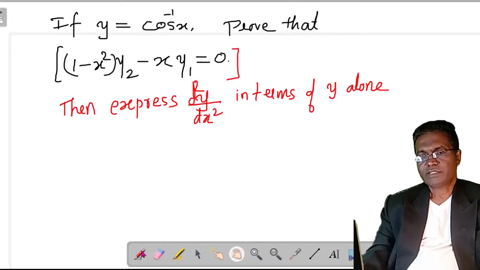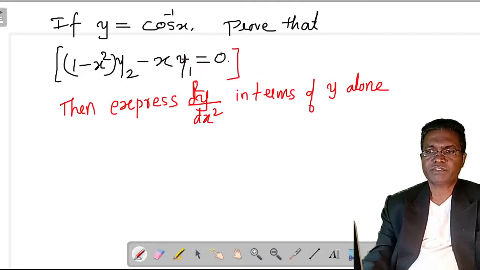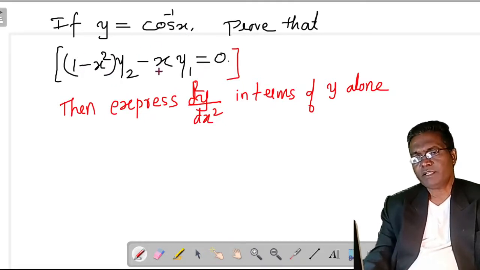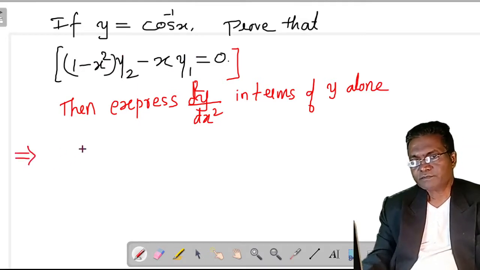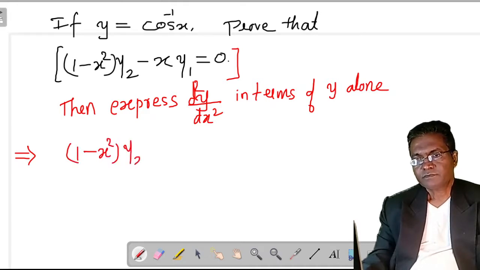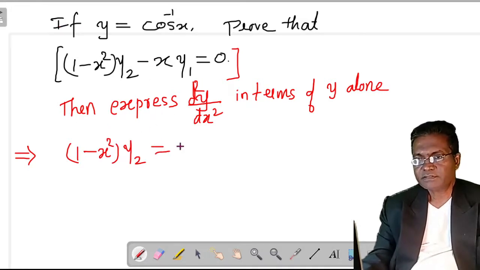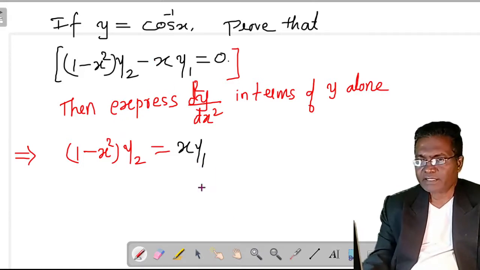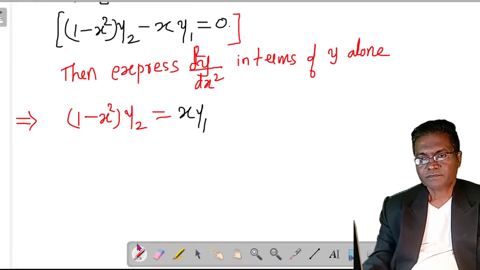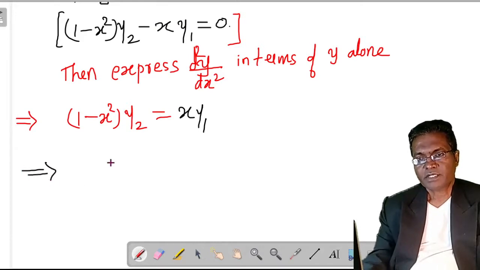Okay, so I'll just show you. First you need to prove this. From the given y you have to prove this. Okay, so after proving this, you have to write this as (1 minus x square) y2 as x y1, and we are asked to express the second derivative in terms of y.